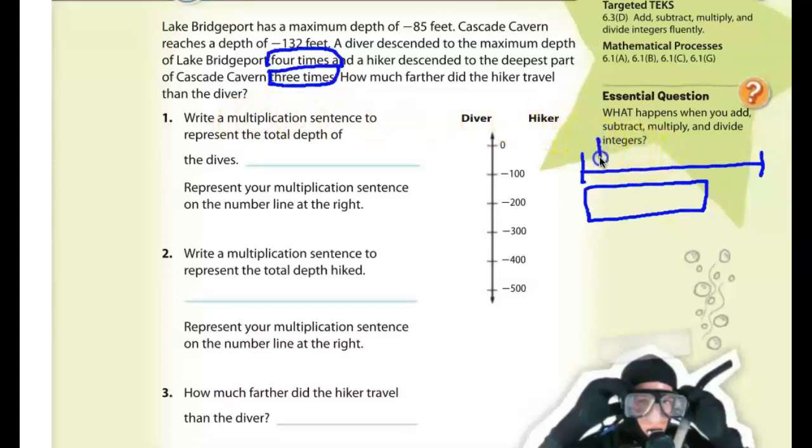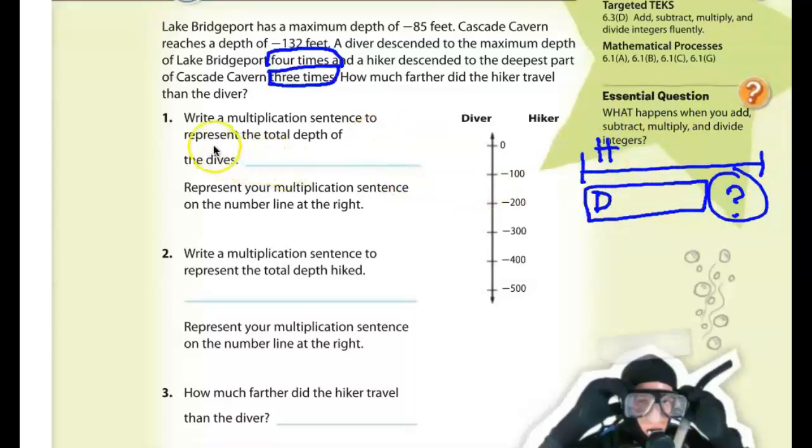So here's the hiker, I'm going to put an H up here, and here's the diver down here. So that's kind of algebra because we're using letters to represent two different things. So it's unknown right now how much each one of them was, but we want to figure out this space that's right here. All right, so ultimately this will be a subtraction problem.